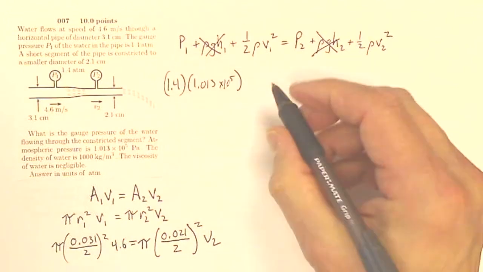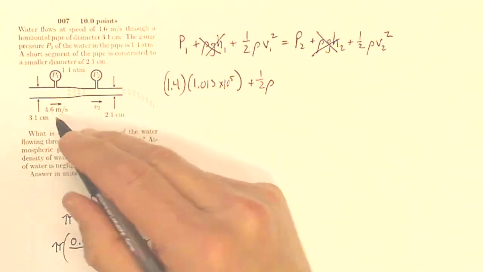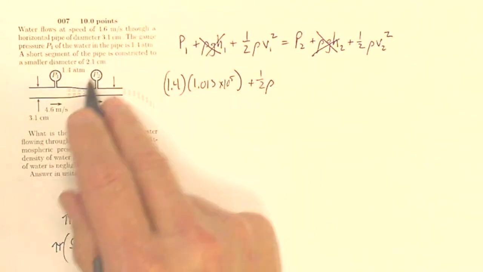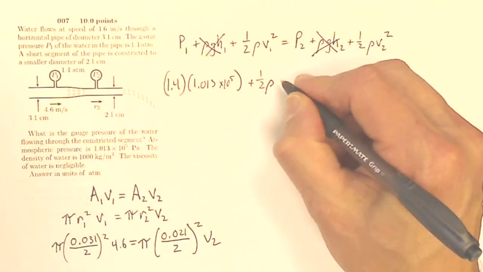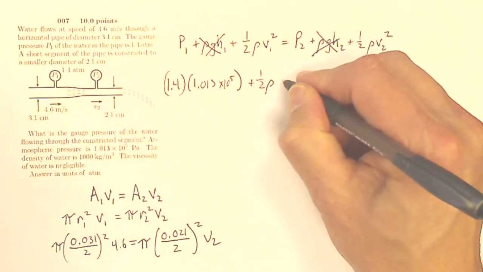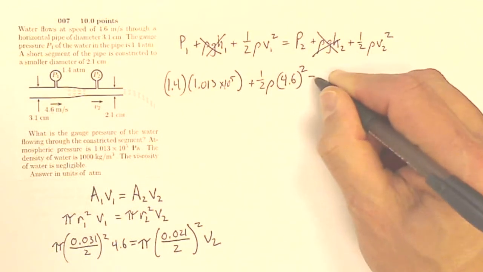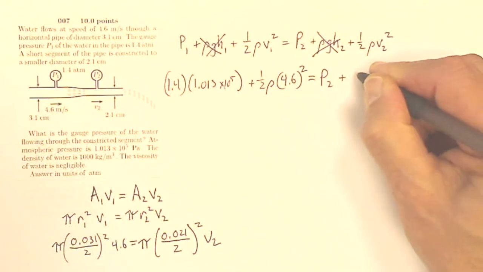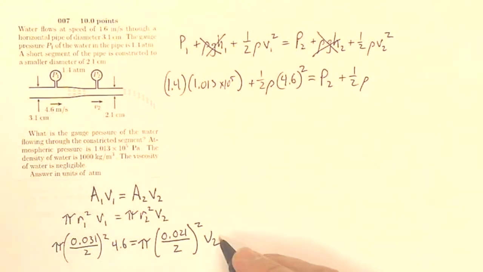So that's my pressure 1, plus 1/2 rho, oh sorry, my rho is 1,000, so 1,000 times my V1 of 4.6 squared. It's going to equal my pressure 2, which I'm looking for, plus 1/2 my density, which is 1,000, times my V2, which I solved for down here.